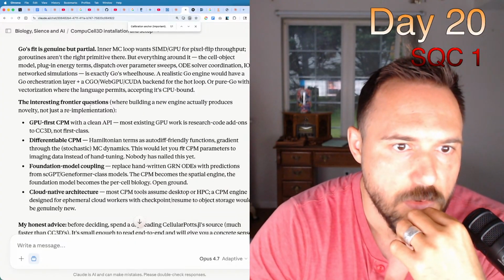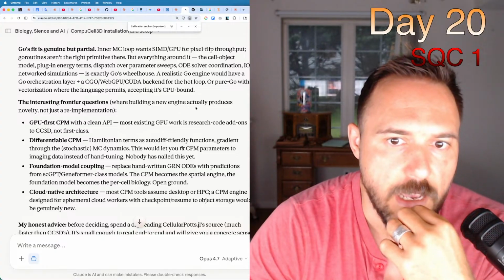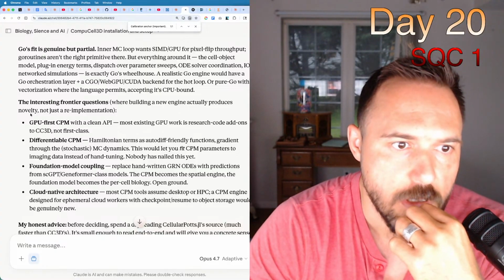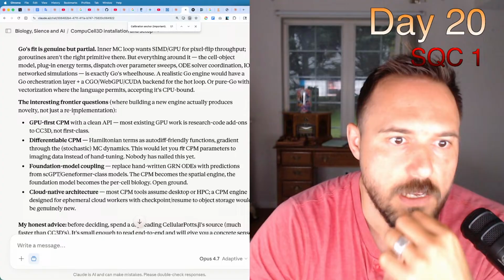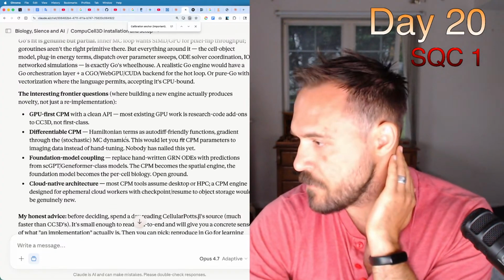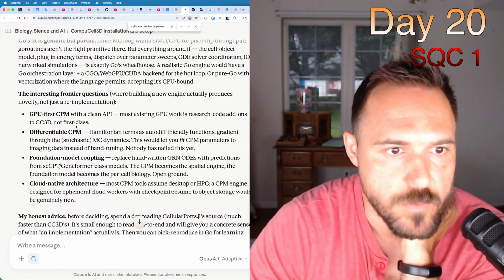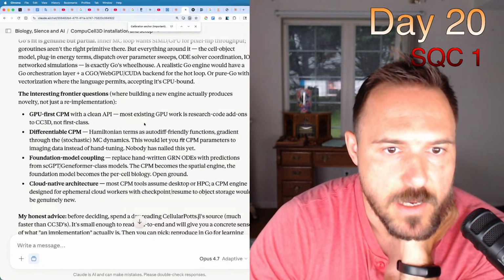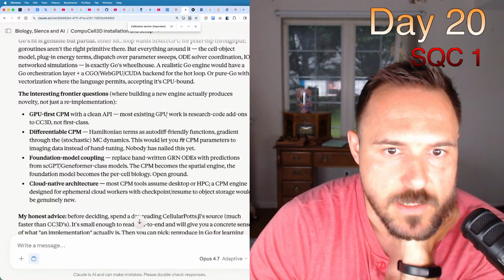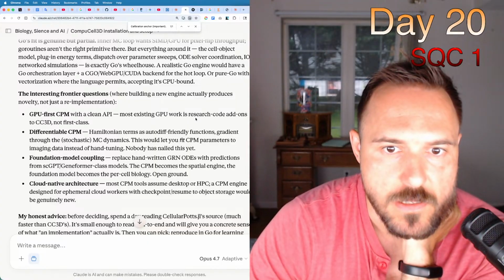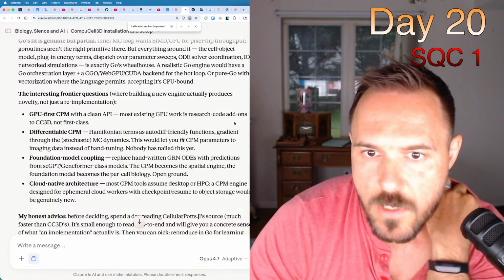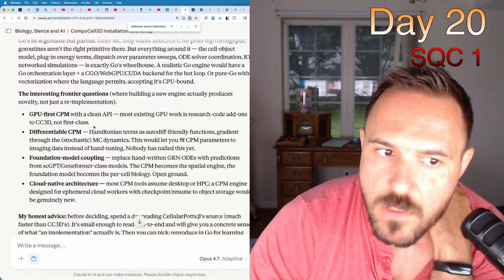The interesting frontier question: where would building a new engine actually produce novelty, not just a re-implementation? That's a good question. GPU for CPM with a clean API: most existing GPU work is research code, add-ons to CC3D, not first class. Okay.